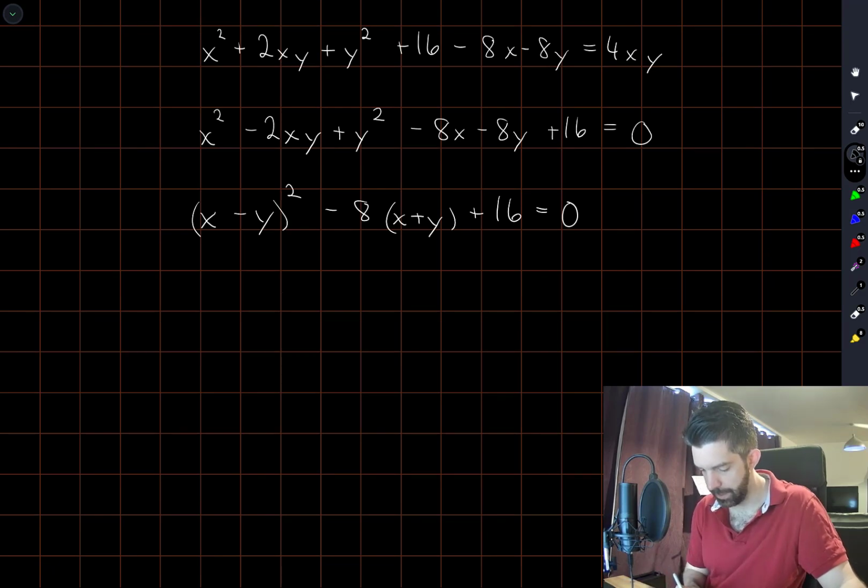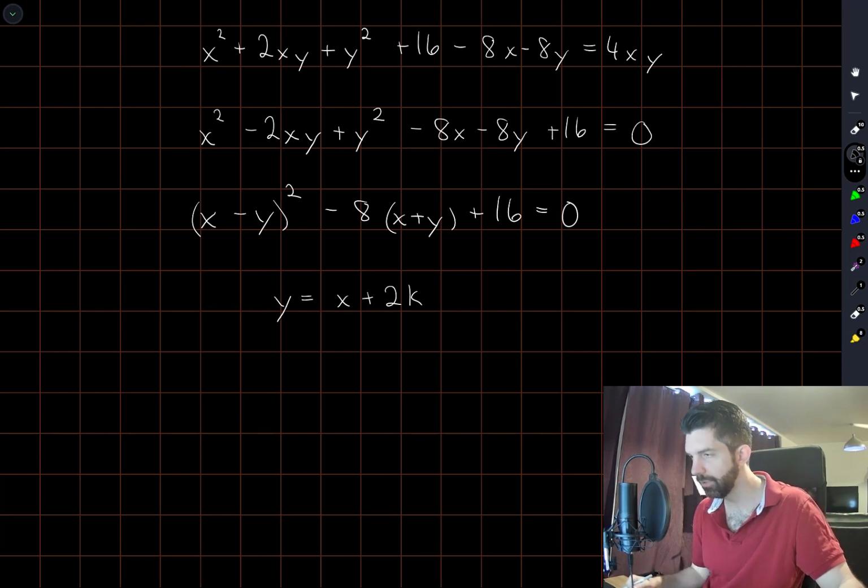I know then that y is larger. So y is going to be equal to x plus 2k for some value of k. And in fact, we might even be able to say 4k.